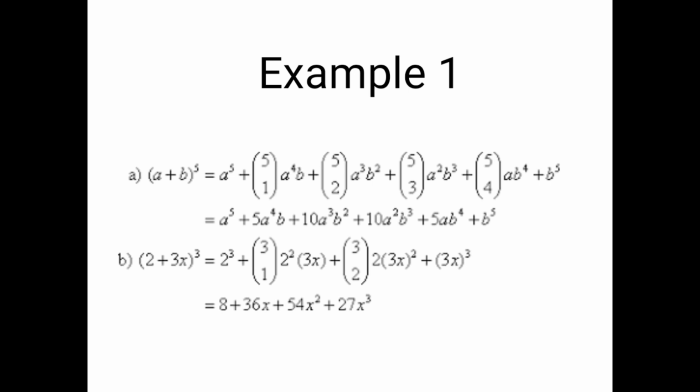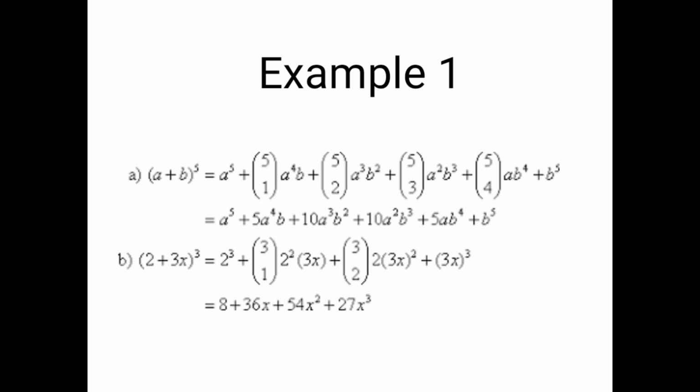So from binomial expansion, we're going to have a raised power 5 plus 5 combination 1 times a raised power 4 times b plus 5 combination 2 times a raised power 3 times b raised power 2 plus 5 combination 3 times a raised power 2 times b raised power 3 plus 5 combination 4 times a times b raised power 4 plus b raised power 5.